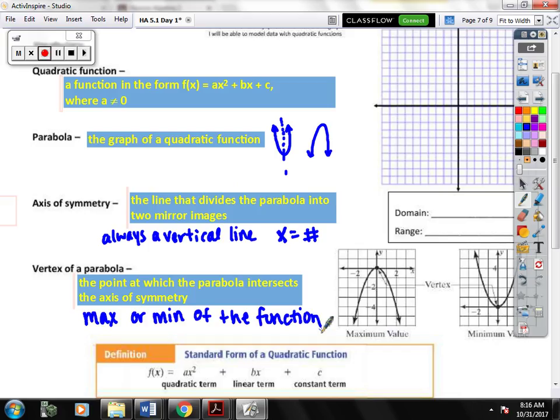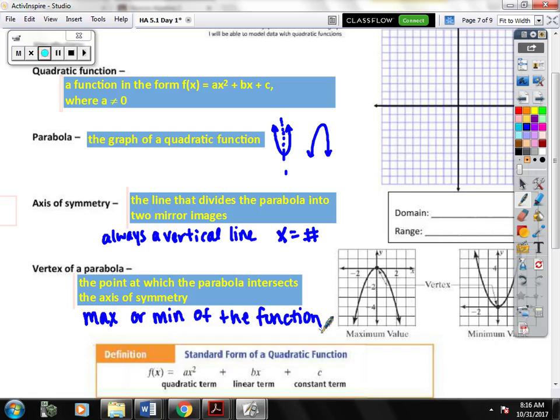And this point will always be a max or a min of the function, which is going to be useful when we get into our word problems where we'll be maximizing revenue or minimizing our cost of a function. We'll be looking at the vertex, the max or the min.